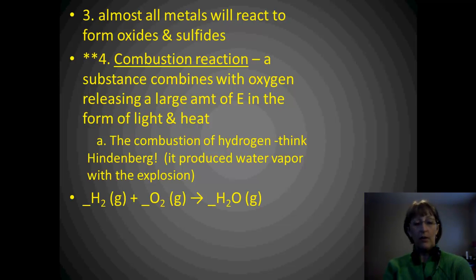So here's the equation that shows how the Hindenburg in many cases burned. H2 gas plus O2 gas produced a lot of energy and heat and water. And it was in the form of a gas because it's usually pretty hot. So it's also water vapor in that sense.